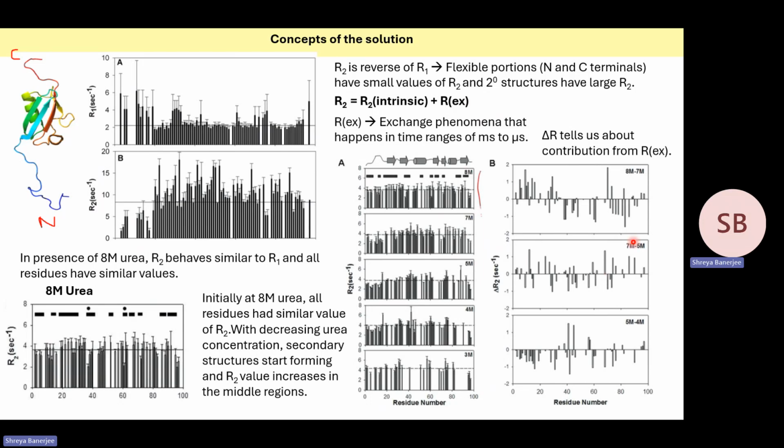This one is delta R2, 7 molar minus 5 molar. So this delta R2 will cancel out the intrinsic R2 and give you information about the contribution of this exchange phenomena. So this is about how R1 and R2 tell you about the dynamics of the protein.